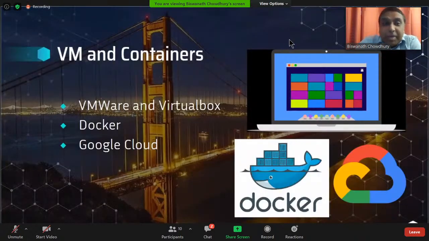Now that we have immense computing power, we want this computing power to be accessible to everyone. So virtual machines and containers provide scalability and access from anywhere in the world to anyone, whether you are an individual researcher or an entrepreneur or a small business or a big company.